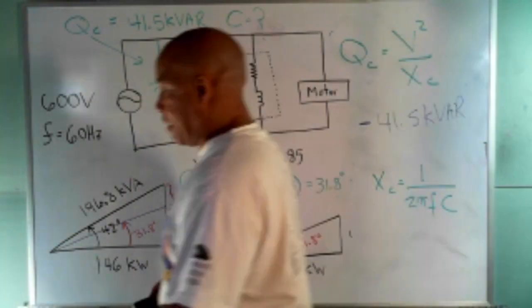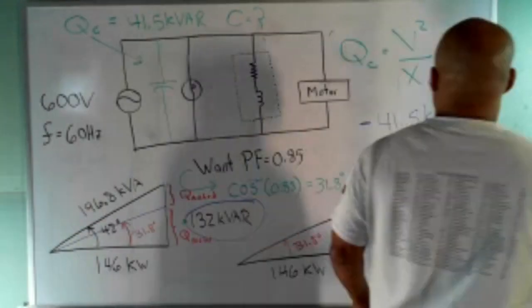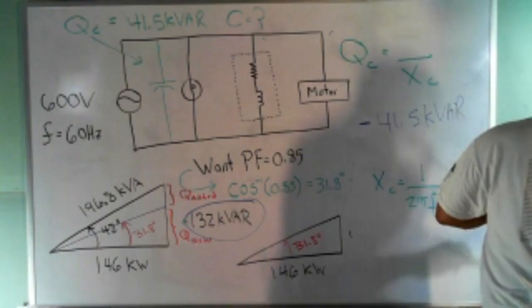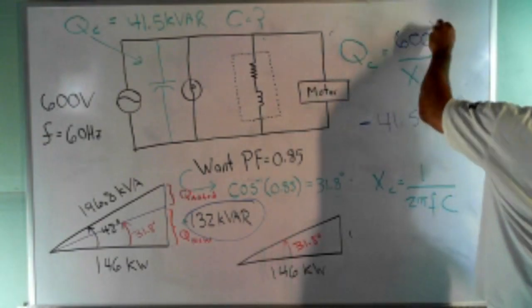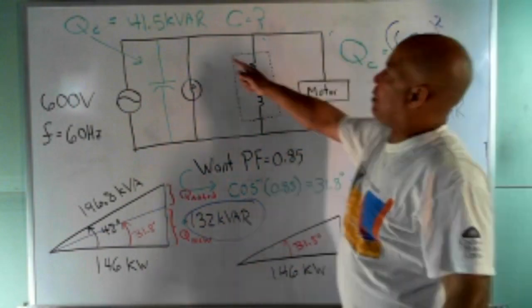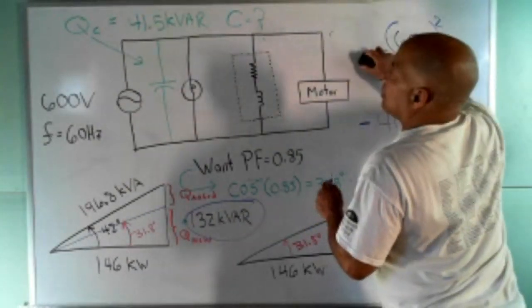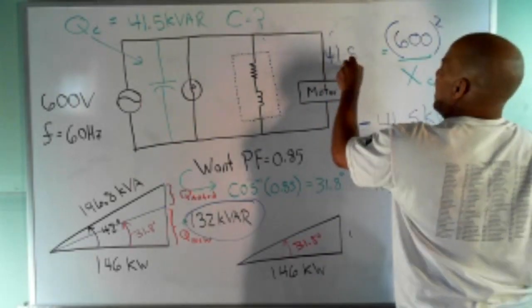Let's put the numbers in here and solve this. We know this is 600. I'm going to leave the units off. We know we want this to be 41.5. We don't include the negative sign here.